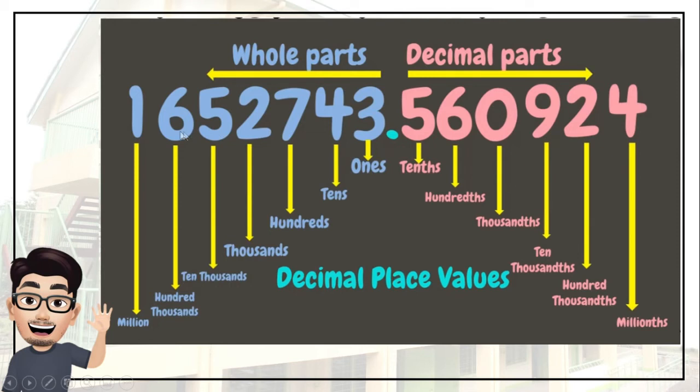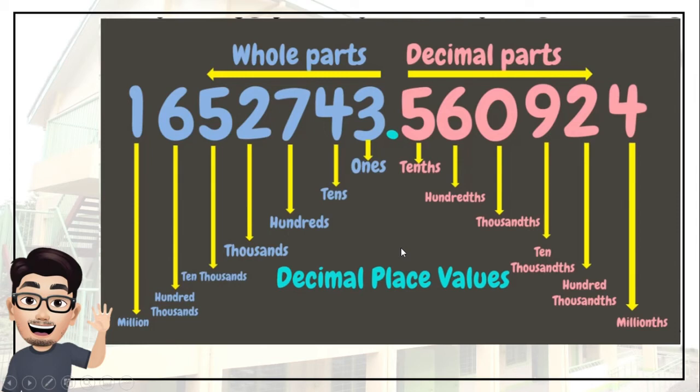Palayo ng palayo sa decimal point ng whole part, paglaki ng value niya. Unlike dito sa decimal parts, paglayo ng decimal place dun sa decimal point, pagliit ng value niya. So, ibig sabihin, pinakamalaking place value sa decimal parts ay yung tenths.